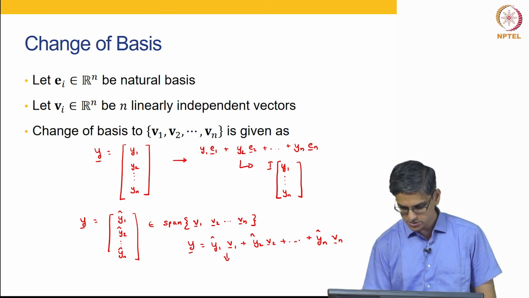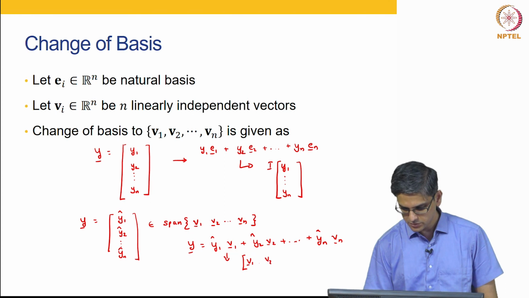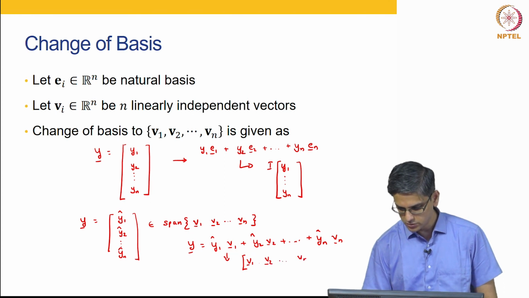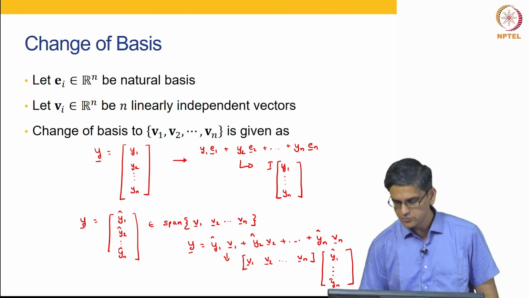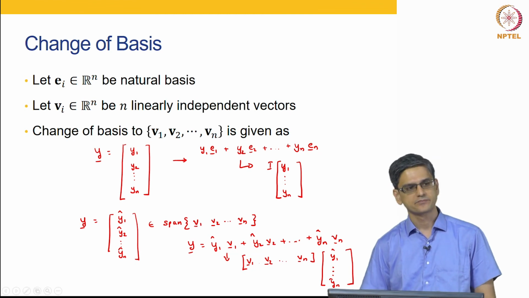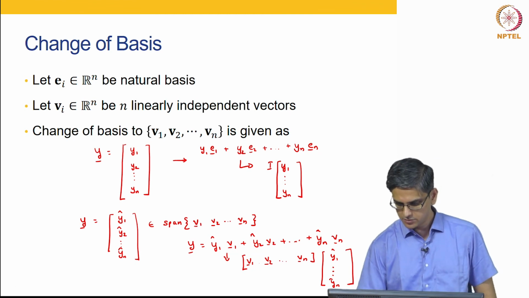And what is this? This is nothing but the matrix [v1 bar, v2 bar, up to vn bar] multiplied by y1 hat to yn hat, right.